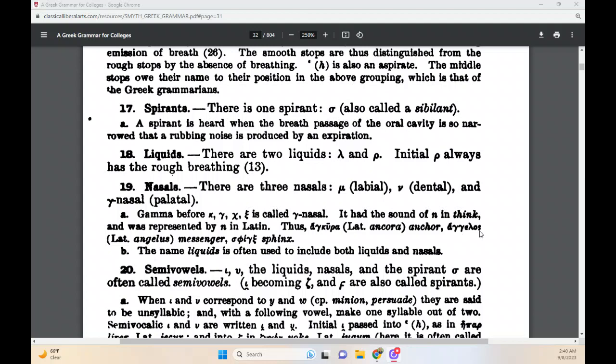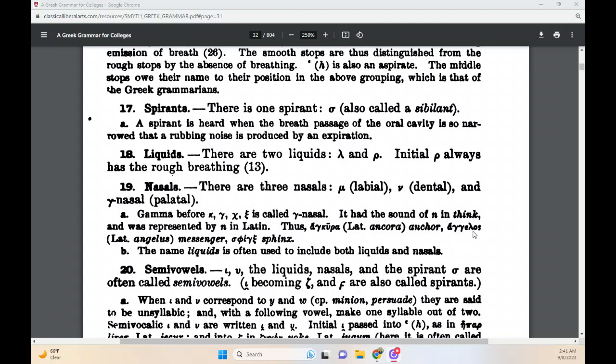The second example, we see alpha, gamma before gamma. And here we read gamma before gamma is called gamma nasal. So if we just read these letters, we would say ag, gelos.